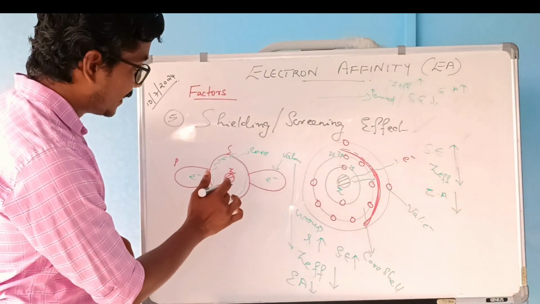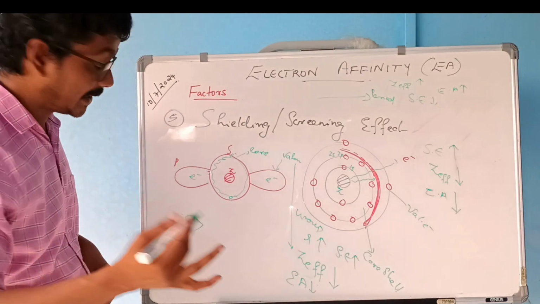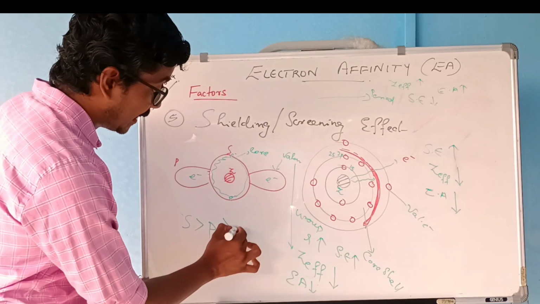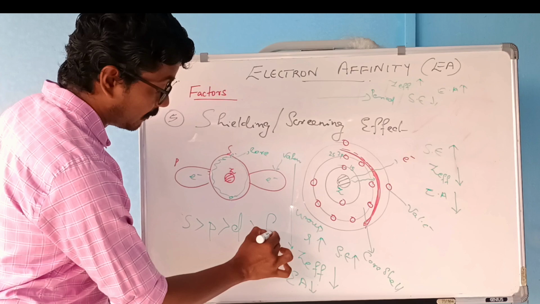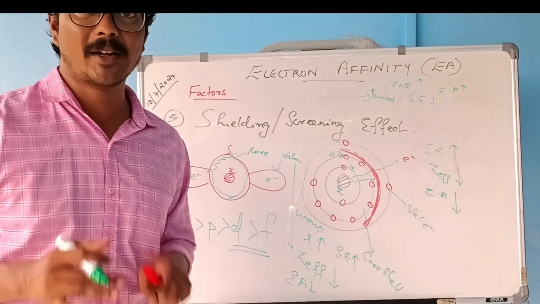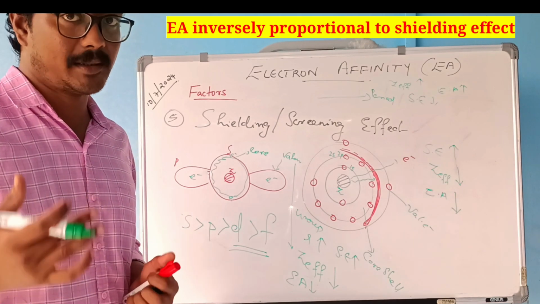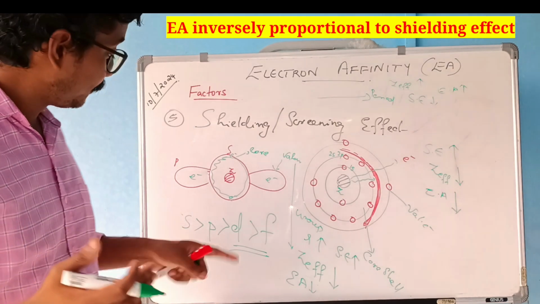This is the reason why the s subshell has more screening effect than p, then greater than d, and then greater than f. The f subshell has the lowest screening effect because its structure is not yet exactly determined.